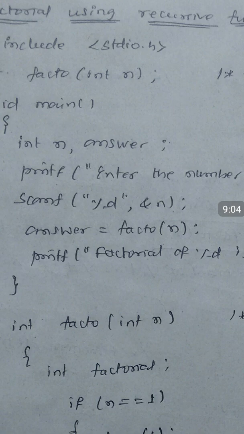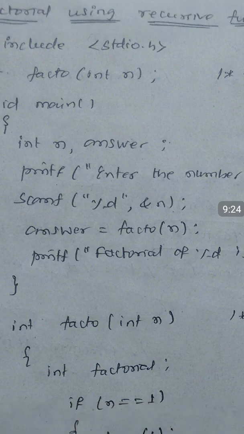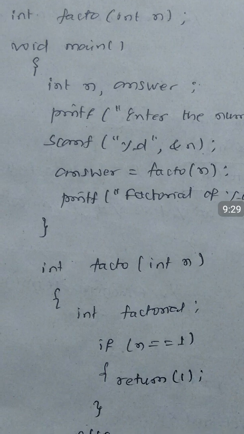So the user enters the value of n, and that value is passed in the call answer is equal to facto of n. So n is an actual parameter, and it is used by the function named facto, and whenever it calls this function facto, it directly jumps to the function definition int facto of int n.